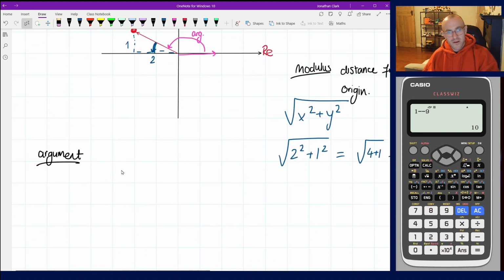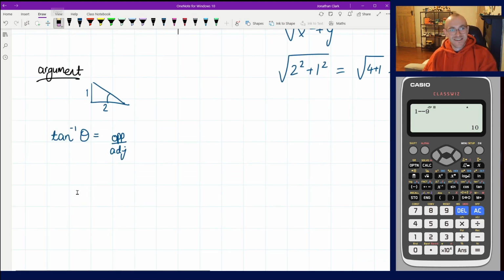So to get this angle here, I'm dealing with a triangle where I know the adjacent and the opposite, so I can use tan. And I've forgotten what the tan formula was. It's opposite over adjacent. Oh, that's no good.